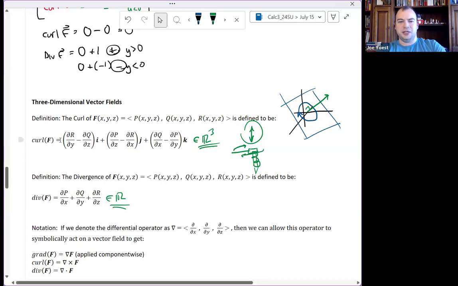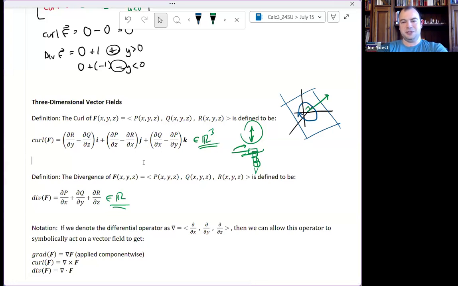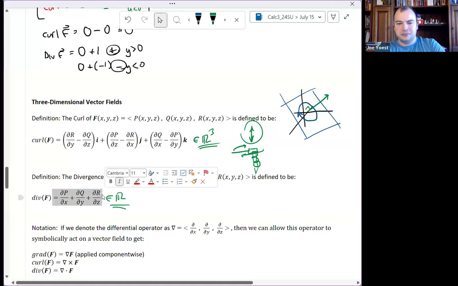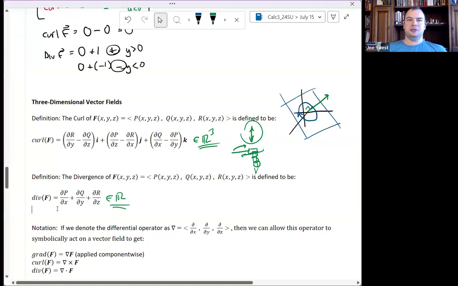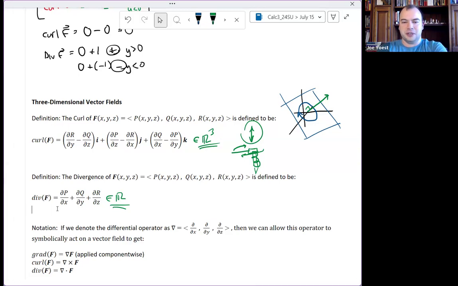The curl doesn't generalize in a natural way from 3 dimensions, either down to 2 or up to higher dimensions. People have come up with generalizations of it, but it's fundamentally a 3-dimensional thing, kind of how the cross product is fundamentally a 3-dimensional thing. But the divergence generalizes very nicely to 2 or more than 3 dimensions. We just lose or gain some partials.